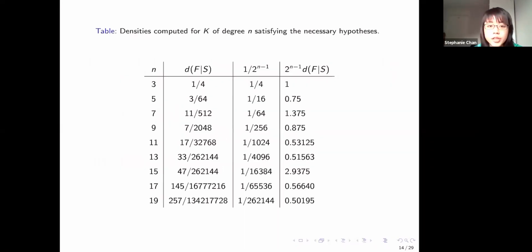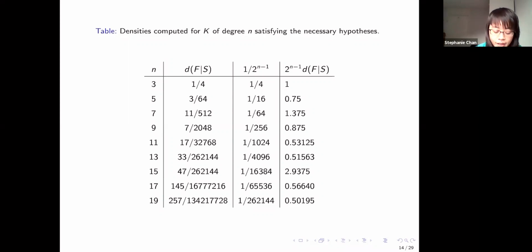Okay, so just to show you some numbers here. We found a formula for the density of F in S, and we can compare with the natural guess of 1 over 2 to the n-1. And you see that if we take the ratio, then if we look at degree 3, they are the same.